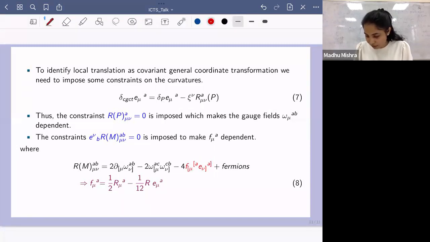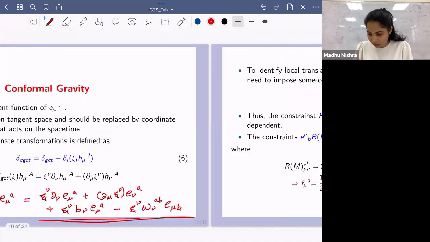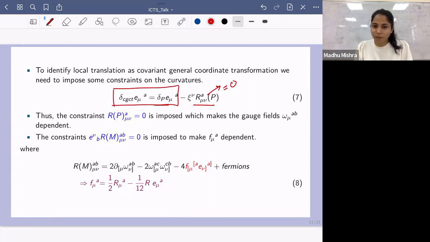So this whole expression can be divided into these two forms. If we want a conformal gauge theory to be a gravity theory, we have to impose this equal to 0, because we want to identify local translation with covariant general coordinate transformation.